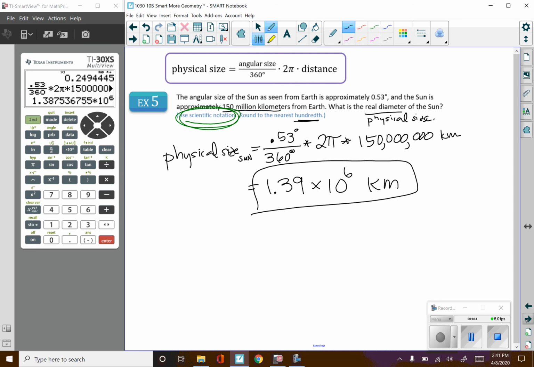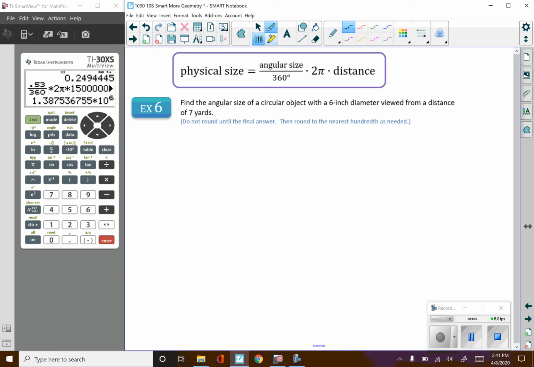All right, now we're going to do one where we kind of work backwards, and our goal is to calculate the angular size. So if we fill in the parts of this that we know, this is our physical size.